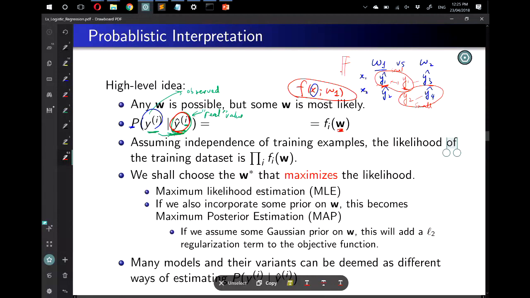But the other student can argue that if you choose W2, at the second point the estimation is more probable. Okay, so that's usually the case. This is only for 2 points. You can imagine this will definitely happen if you have many points. So you are trying to achieve a balance, just like a negotiation. It's almost impossible in a real case to find a W which is close to everybody.